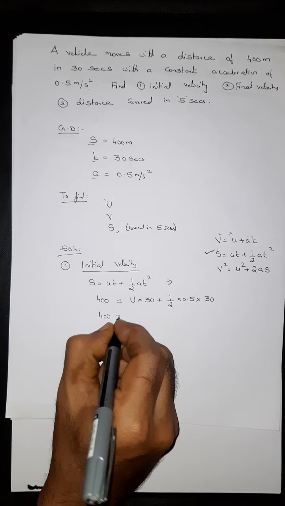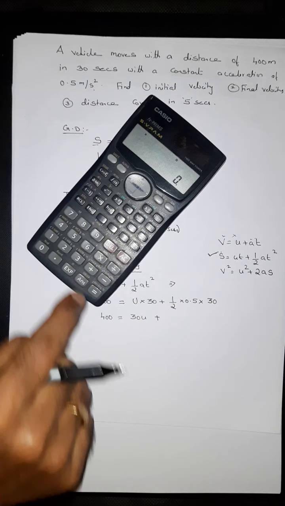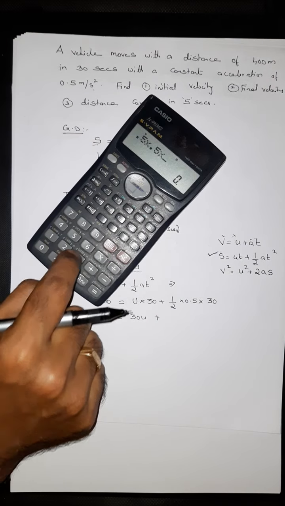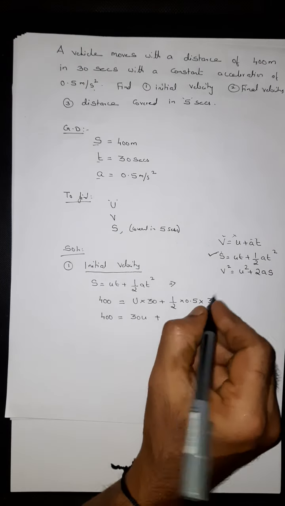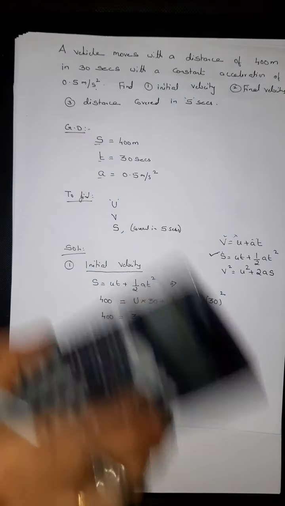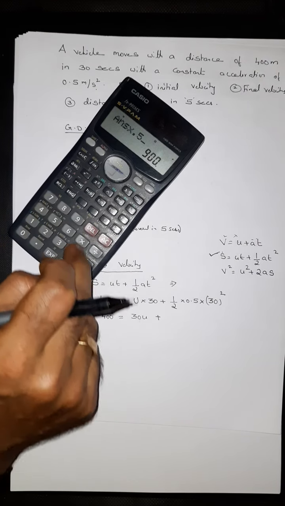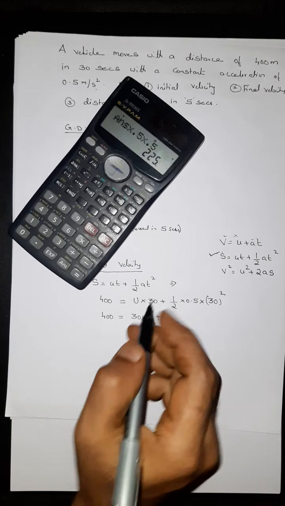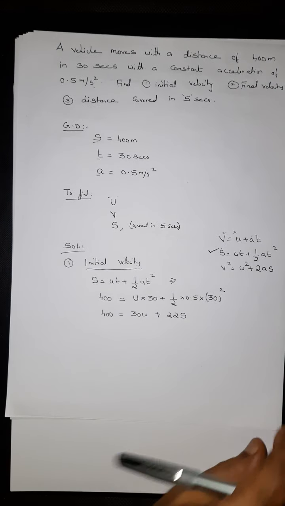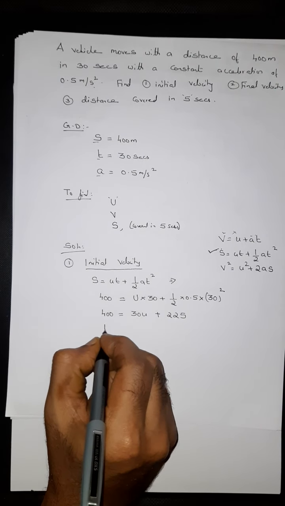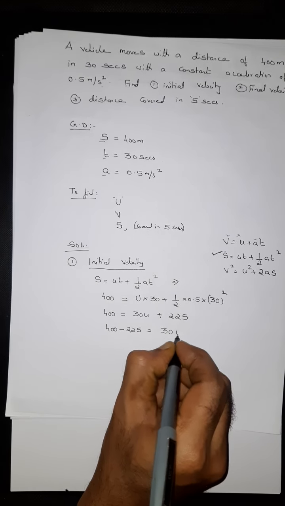So 400 equals 30U plus half into 0.5 into 30 square. 30 square into 0.5 into 0.5 works out to 225. So 400 minus 225 equals 30U.